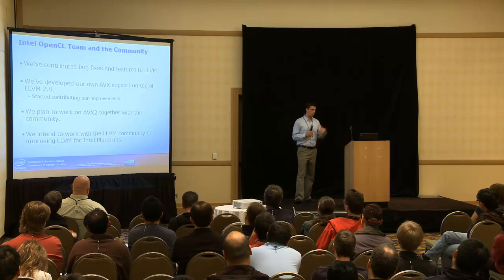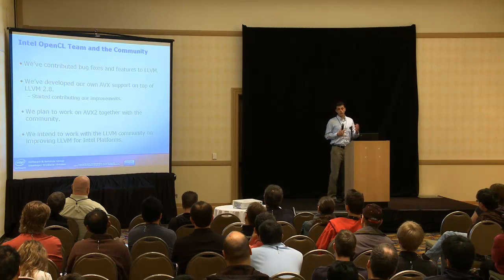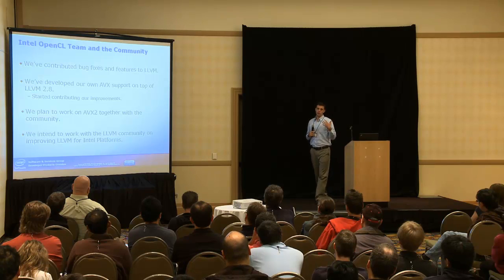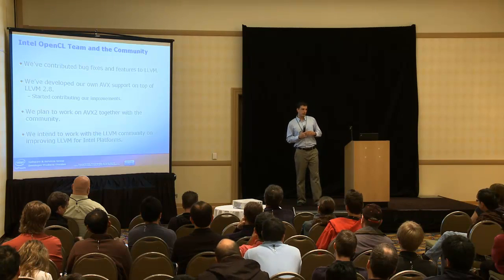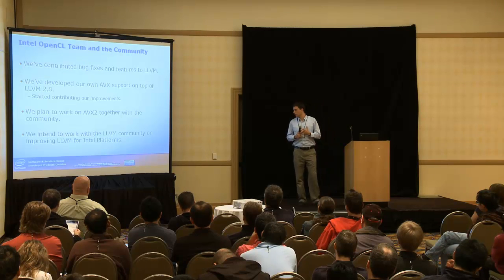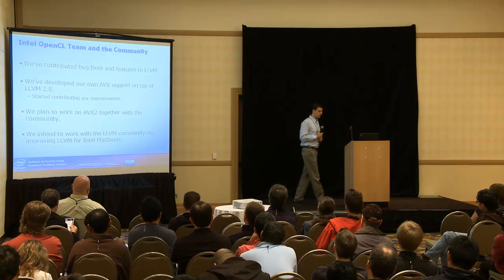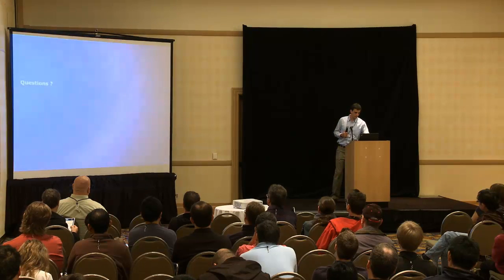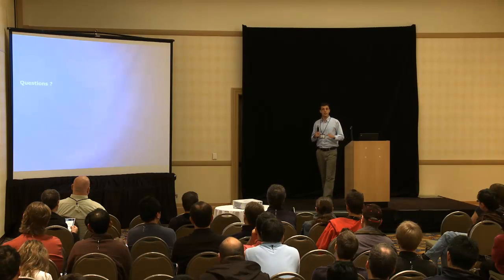We started releasing these things, and in the future we intend to work closely with the LLVM community to better support future Intel architectures and make sure that LLVM has the best support for these architectures. Thank you. I'll take questions now.